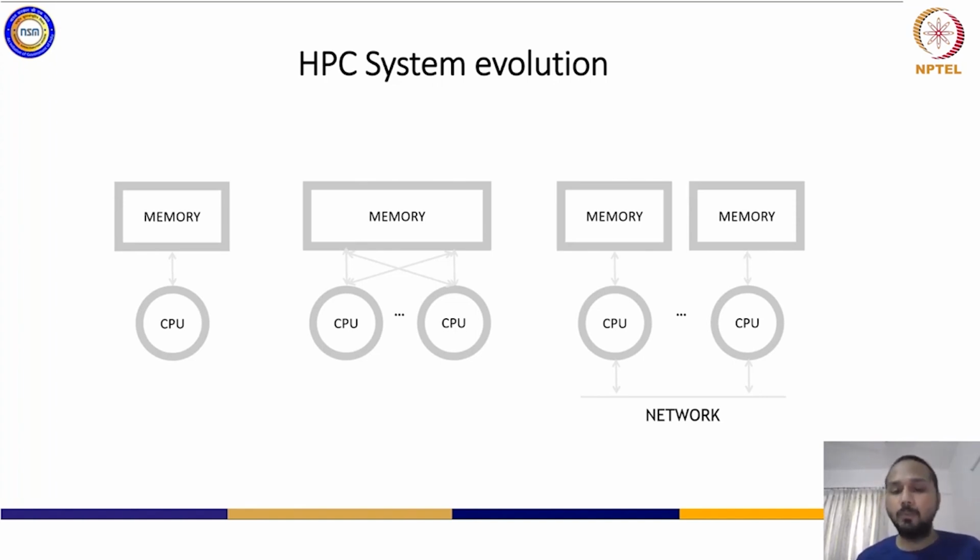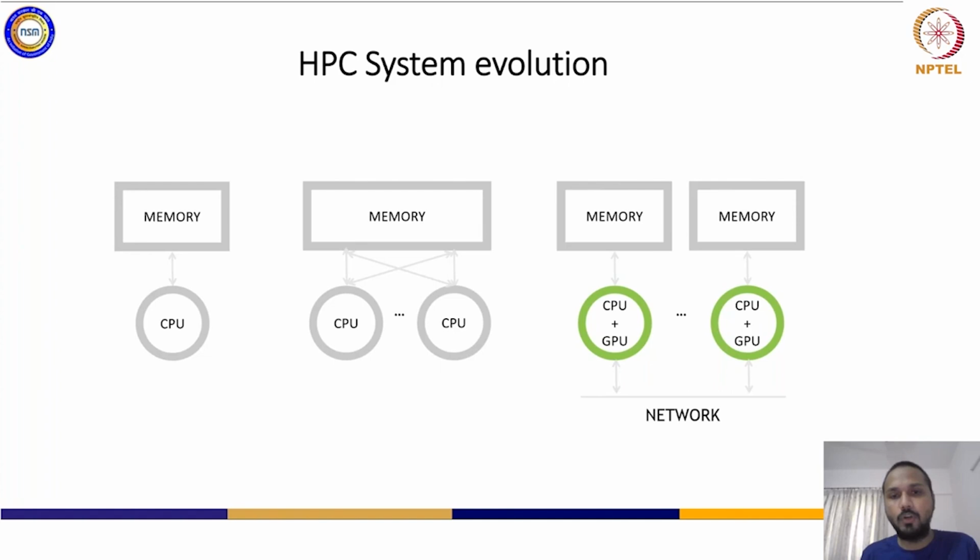What the GPU did was this: if you see most clusters nowadays, you don't just get a CPU inside your node, you also get a GPU. The advantage is that you can now do more computation on a single node, and you need to go across nodes much less if required, so that you communicate much less as compared to how you would have otherwise.